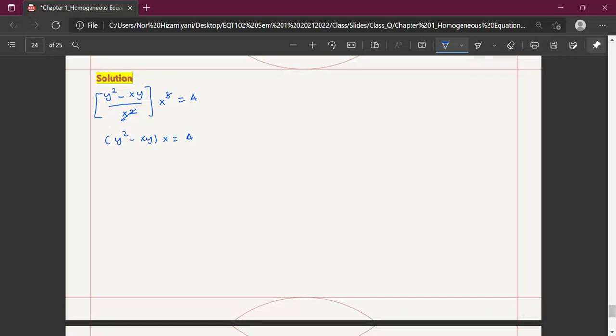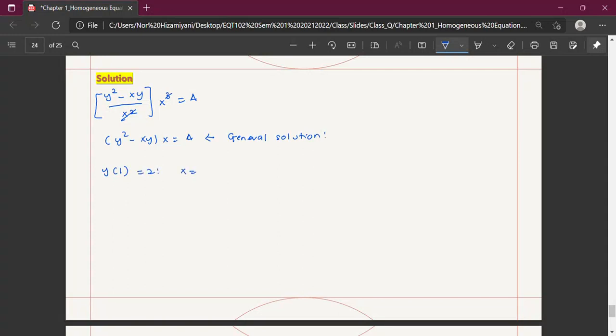Remember, the question asks you to find the particular solution. So you need to find the particular solution because a condition is given: at x equal to 1, y equal to 2.